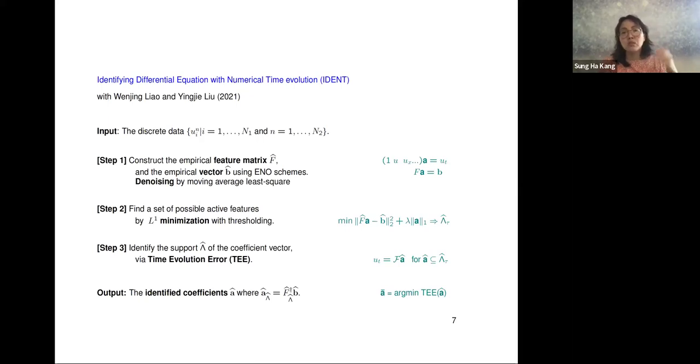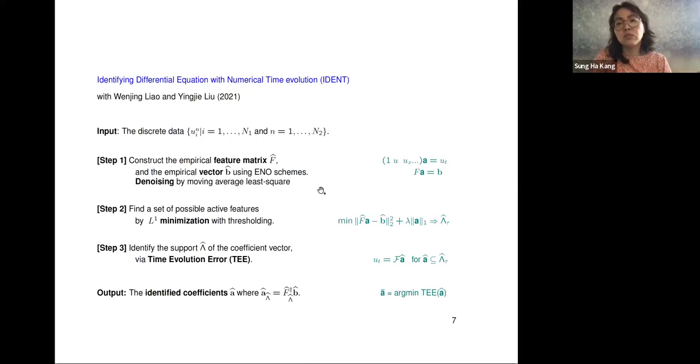So the denoising method we use is something like a moving average least squares, fitting up to a second order polynomial, third order polynomial, and things like that. So the denoising method we use is polynomial approximation based.